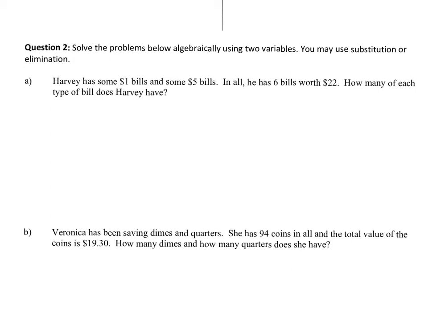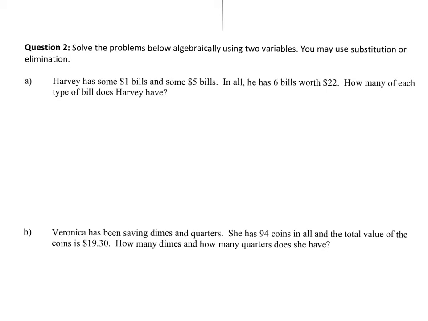Now, I think it would be fun if you just pause this video for a sec and try to guess how many $1 bills and $5 bills he has, given that his total amount is 22. I think you could figure it out without systems of equations. But in this case, I'll show you how to do it using systems of equations and how it's applicable. All right, so first off, got to declare my variables. We want to know how many of each type of bill that Harvey has.